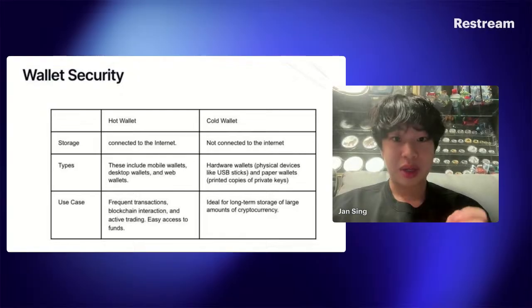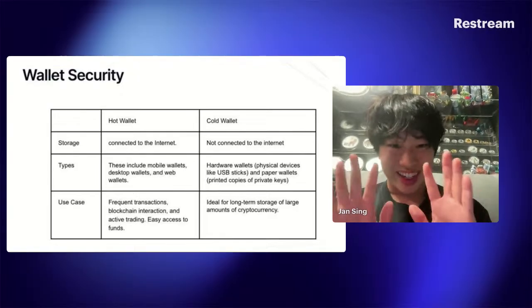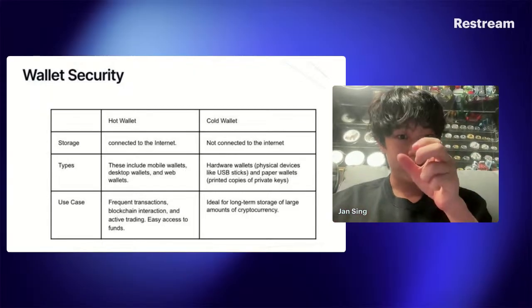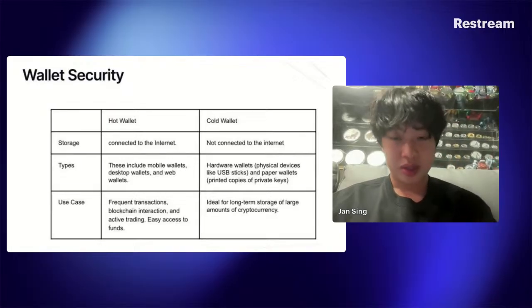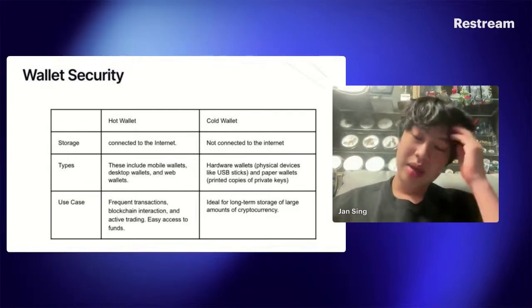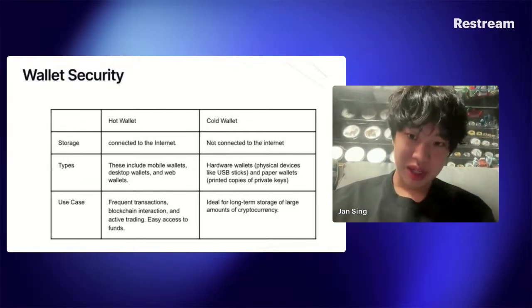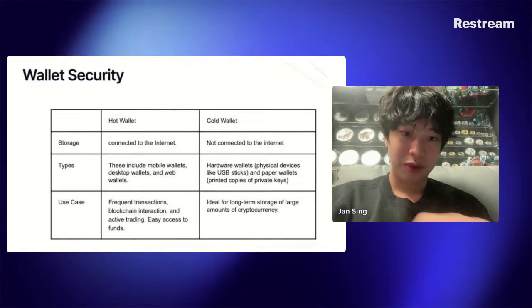You can bring it around and keep hold of it, so no one can touch it except you. So it's much more secure, and no one can hack it easily. But the downside of a cold wallet is that it's much more annoying if you want to take the money out.